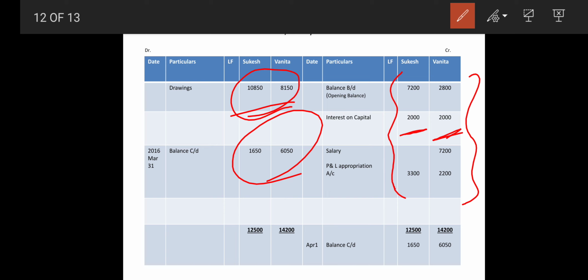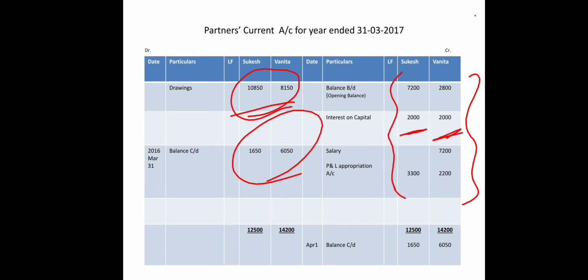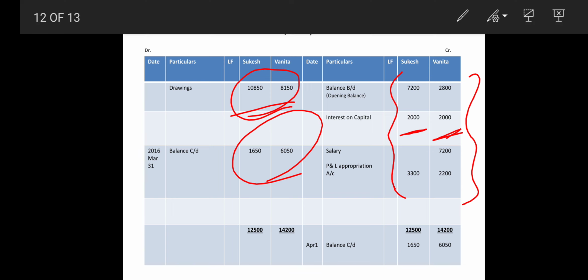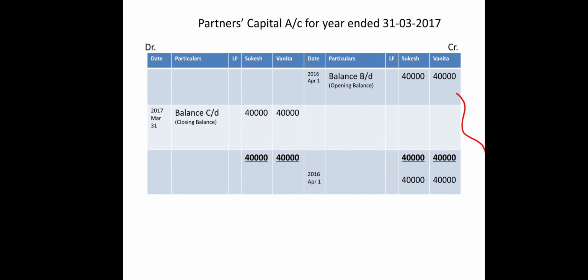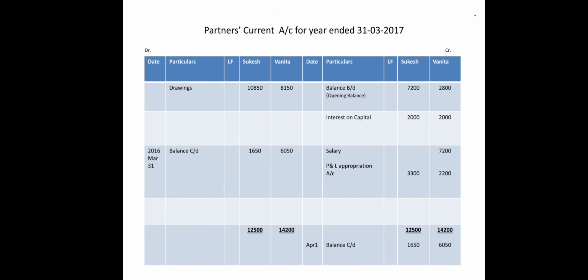So this way, when the fixed capital method is given, then we are supposed to draw three accounts, that is first the P&L appropriation account, the profit and loss appropriation account, then the partner's capital account, and then the partner's current account.